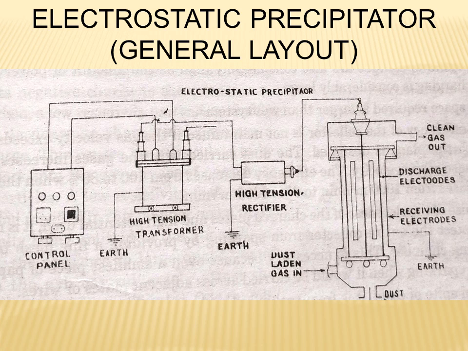The deposited dust particles are removed from the plates by giving a shaking motion to the plates with the help of cams driven by external means. The dust removed from the plates with the help of the shaking motion is collected in the dust hoppers. Care should be taken that dust collected in the hopper should not enter the clean gas. So that is the working principle of the electrostatic precipitator.